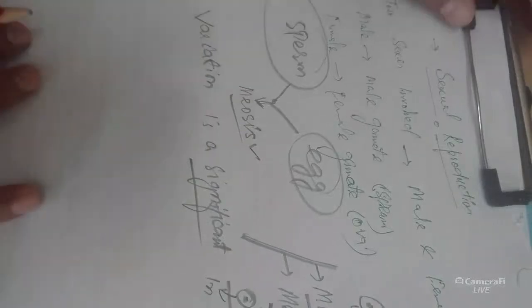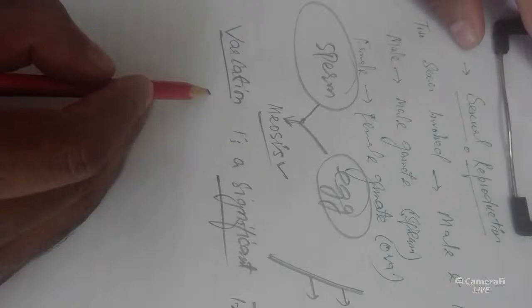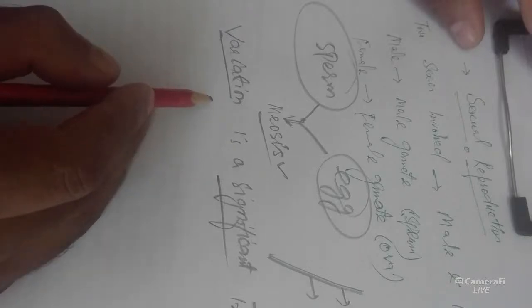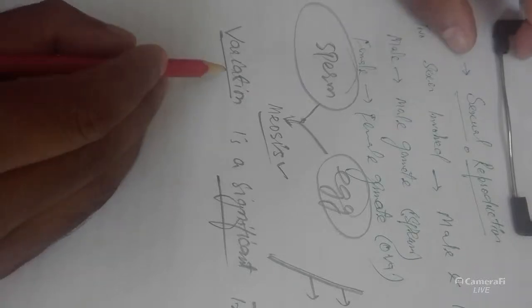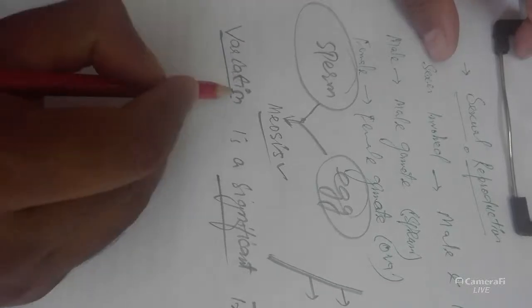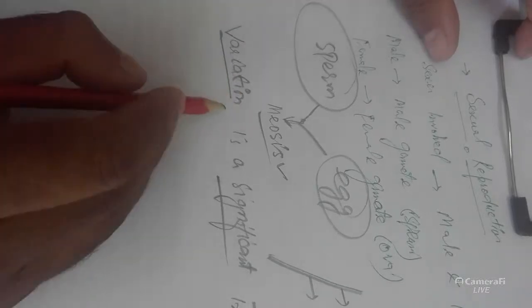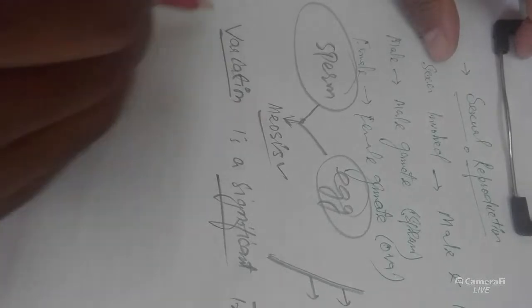What is variation? Variation means a small change which took place from the parents to the progeny. This variation is a very important significance of sexual reproduction.